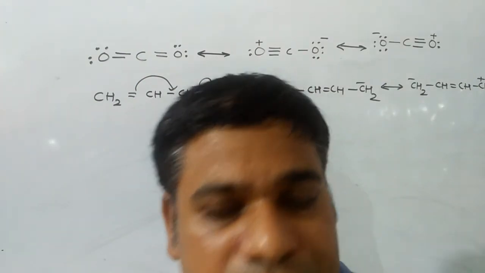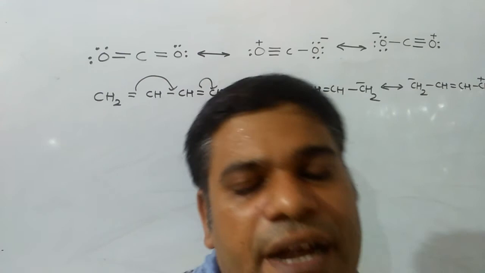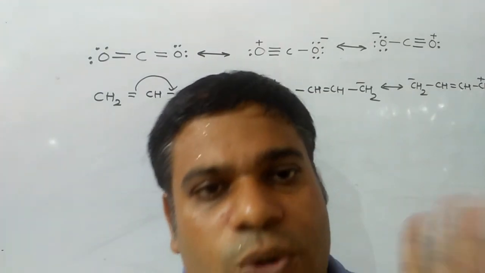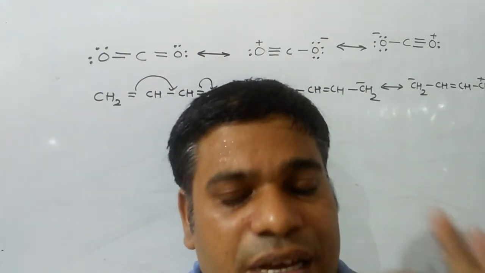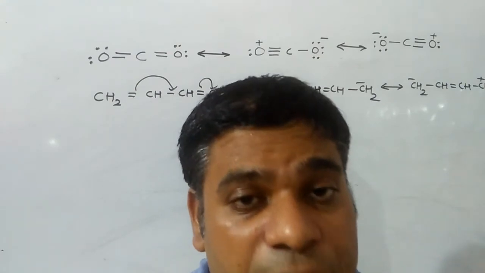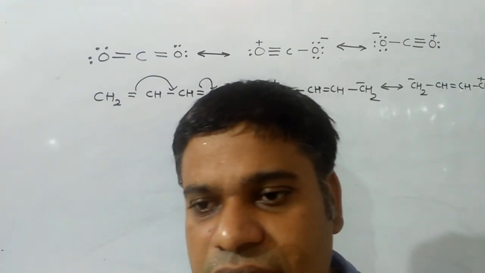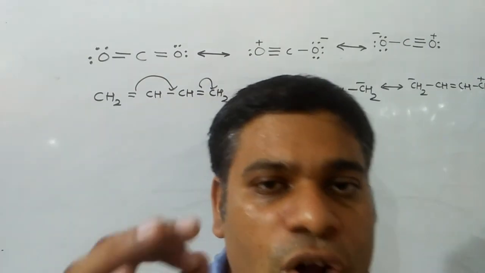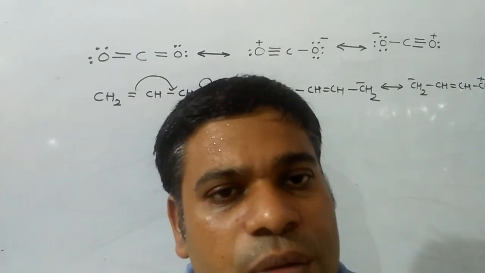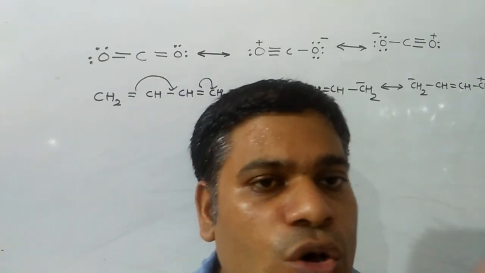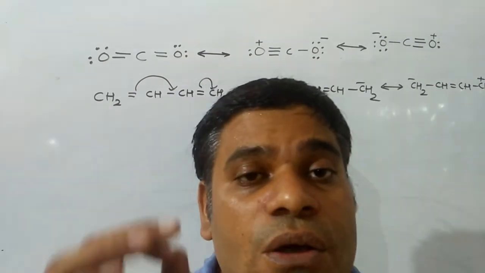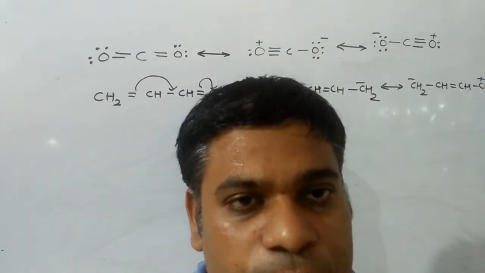No resonating structure can have a second period element with more than 8 electrons. And the last one, the more the number of covalent bonds, the more the stability of the molecule.